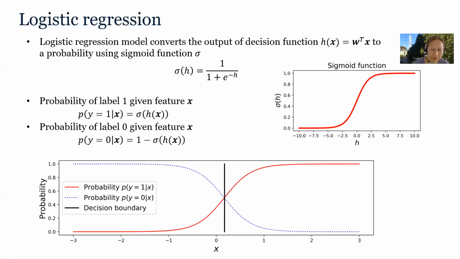Here is the plot. The red solid line shows the probabilities for label 1, and the dotted blue line shows probabilities for class 0. Where they cross, we get the decision boundary, and we see that happens at probability 0.5.